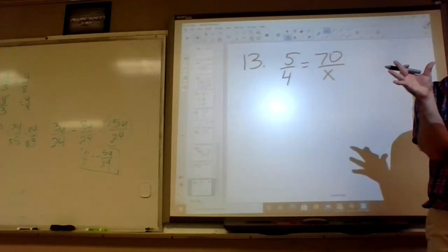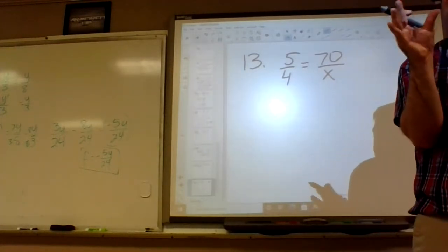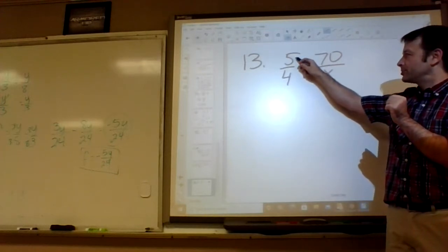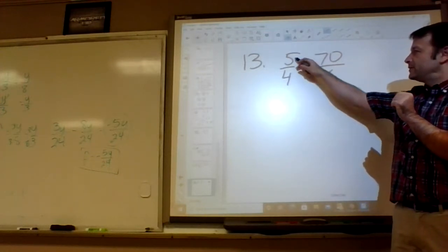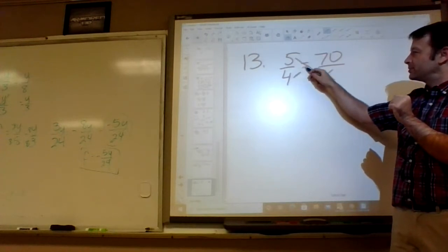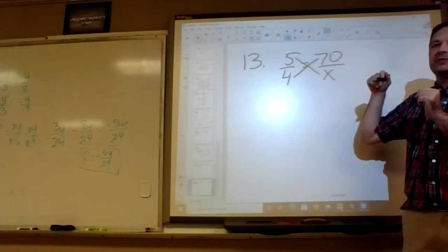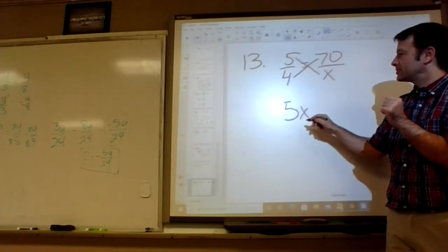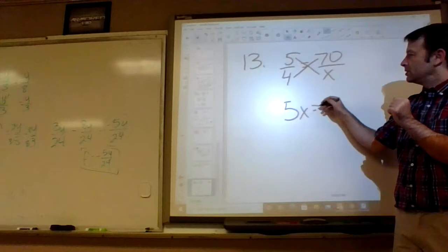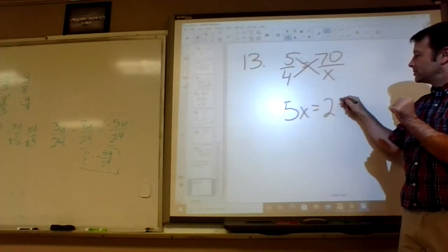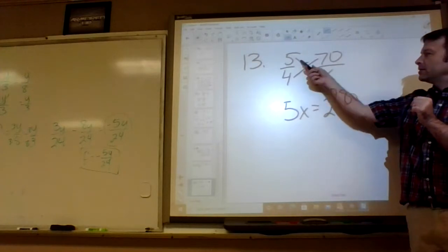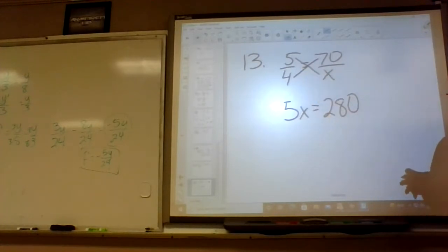If you ever have 2 equal fractions, or 2 equal ratios, you can solve it by cross multiplying. 5 times x is equal to 4 times 70. 5x equals 4 times 70, 280. You guys see how we did that? It's not a really hard trick, as long as you remember it.